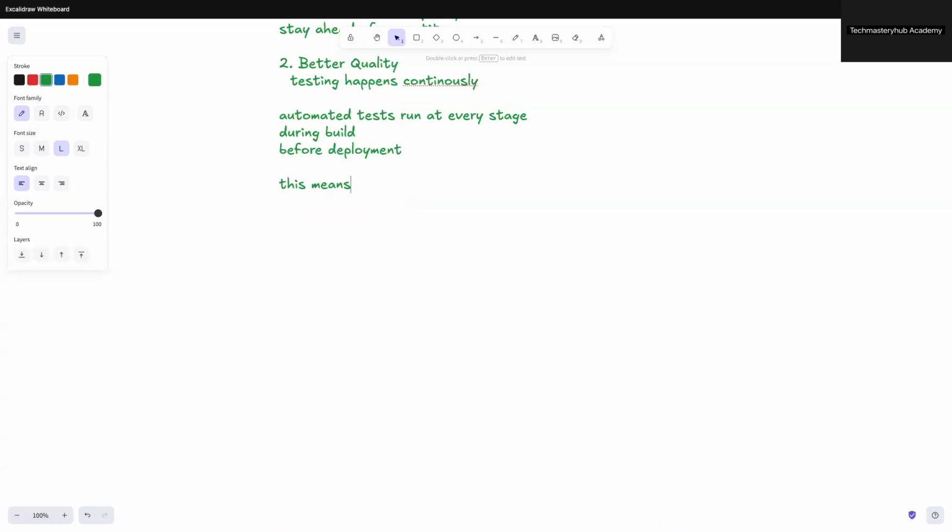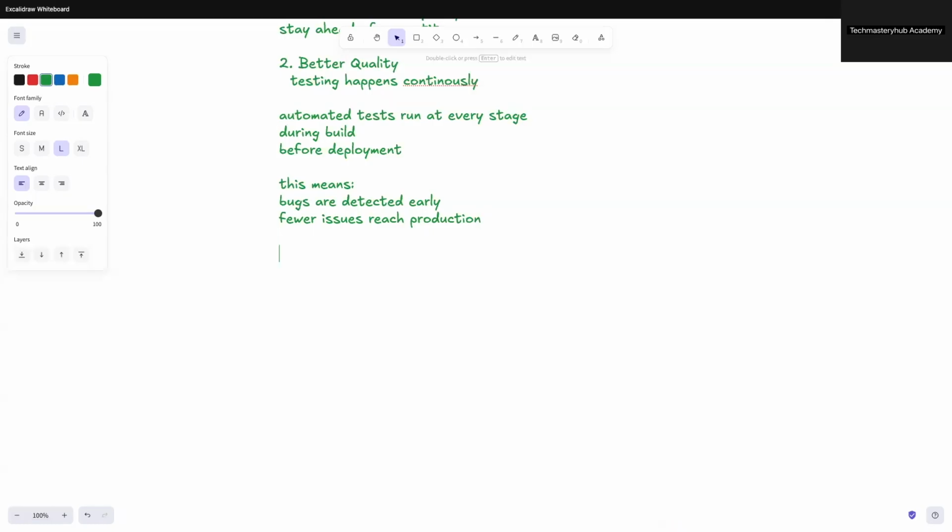This means bugs are detected early, fewer issues reach production, because before it reaches production, testing catches it and we fix it. So this is another benefit.